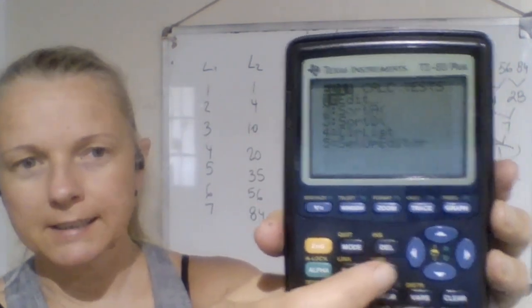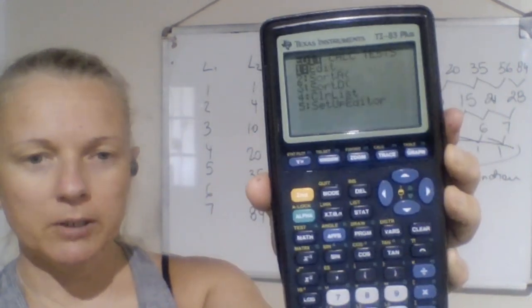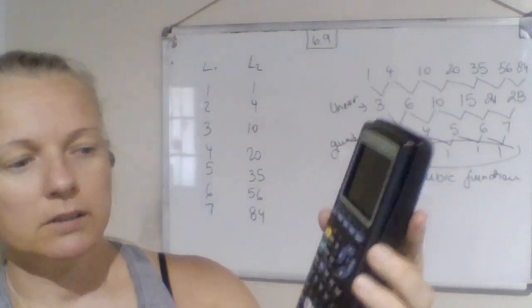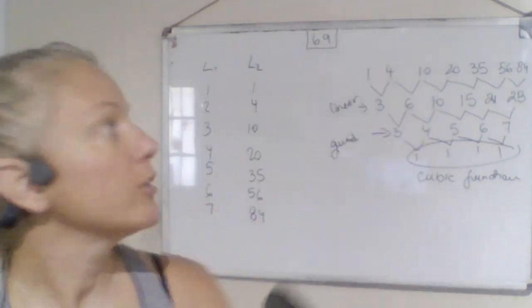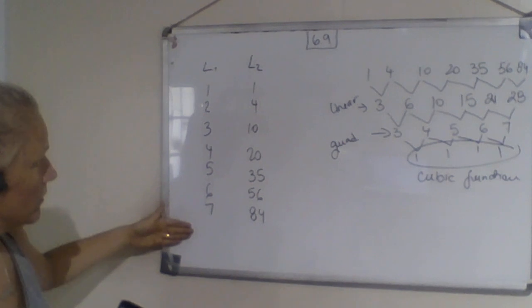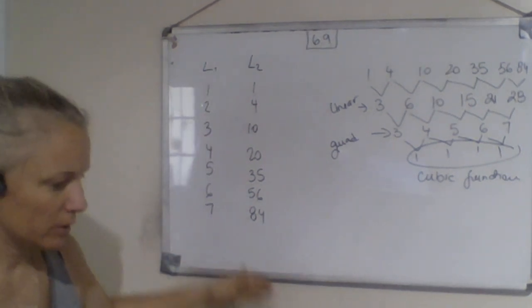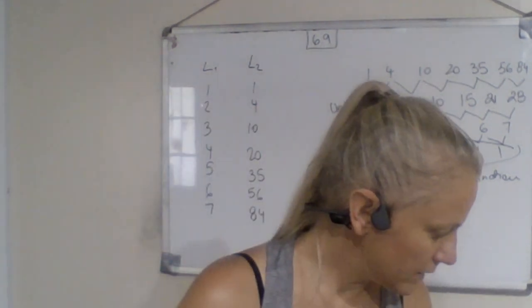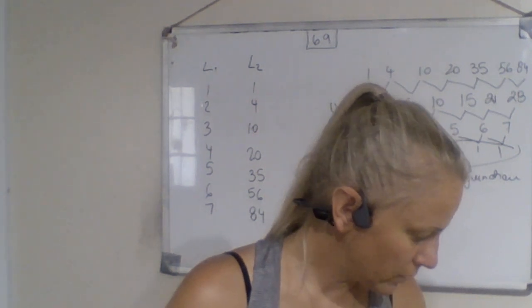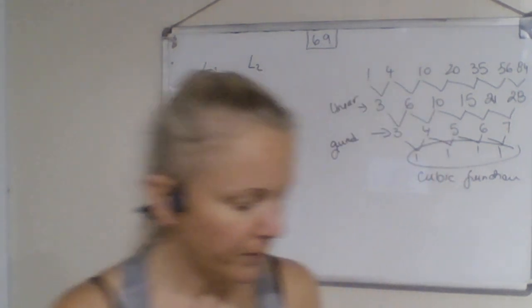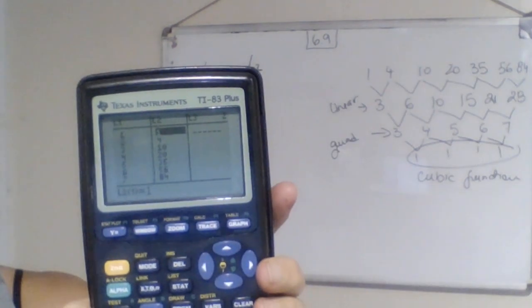Now that I got this, I'm going to go to stats. Remember our friend in stats? I'm going to go to edit. I'm going to hit enter. And I'm going to put for my list 1, those numbers. For my list 2, the other numbers. So my list 1 is everything that's with the F: 1, 2, 3, 4, 5, 6, and 7. My list 2 is whatever each one of them corresponds to, right?